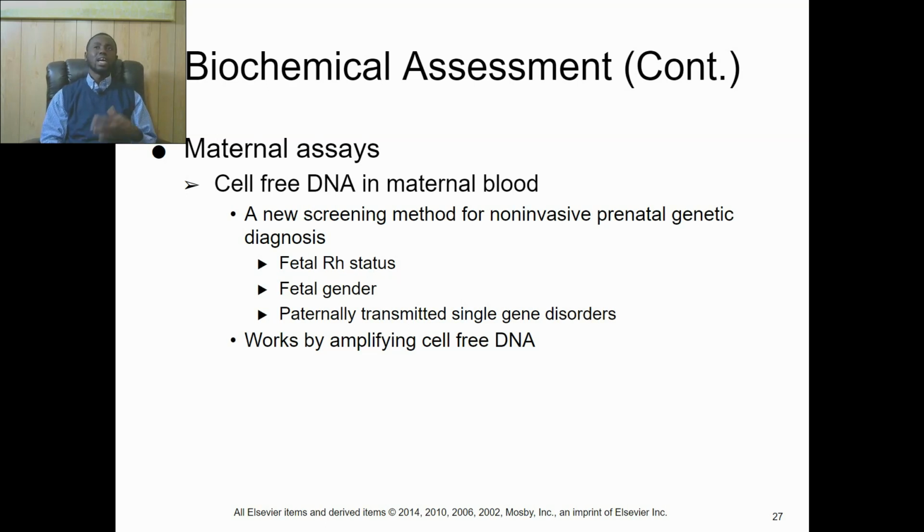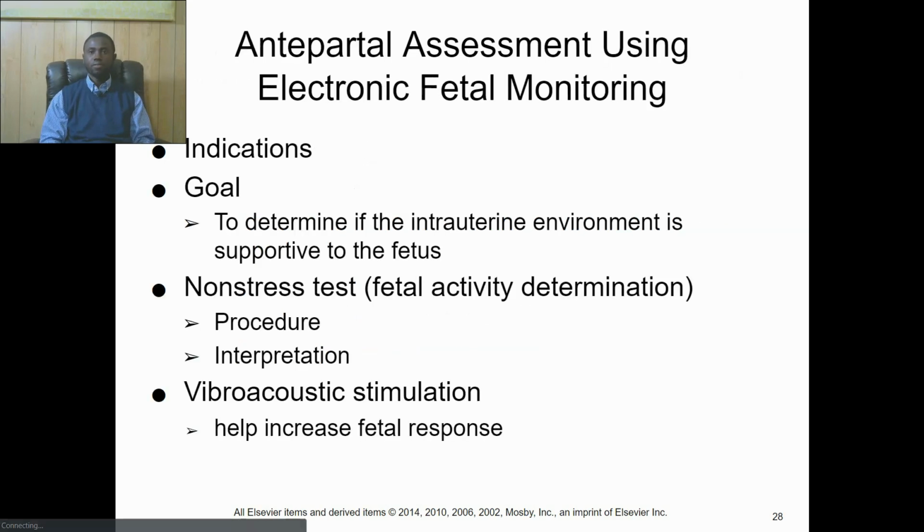So this eliminates putting the mother and the fetus at risk for amniocentesis, because it helps us to definitely determine if it is necessary for amniocentesis or CVS to be performed.